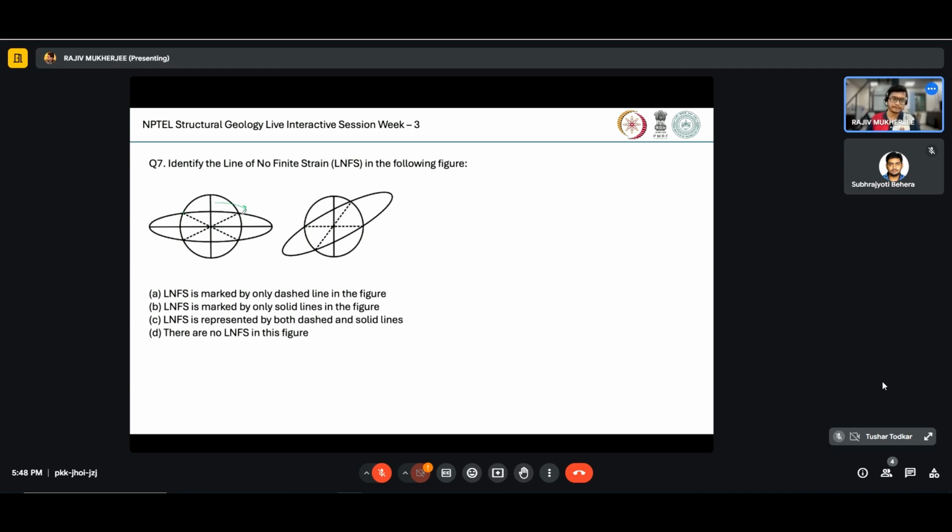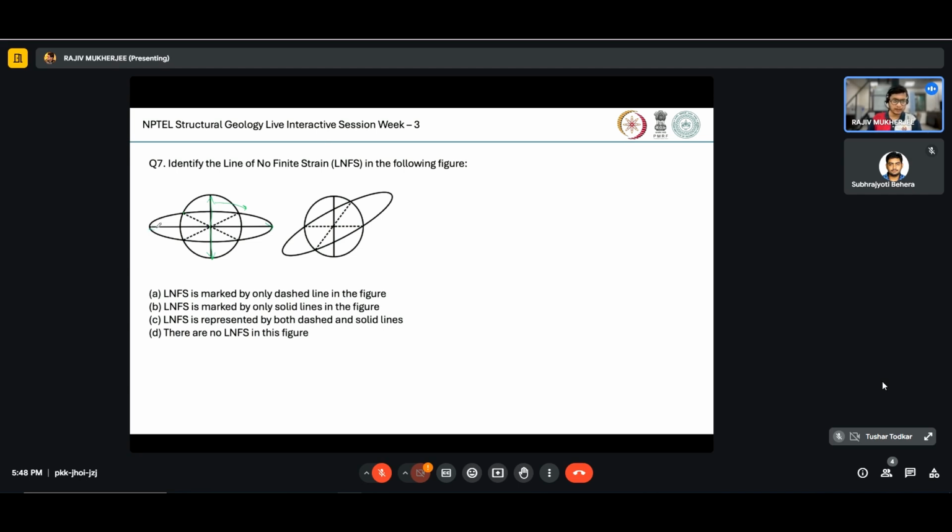But there are four such lines of no finite strain. One is any line that is parallel to the principal axis of strain, the long axis and the short axis.